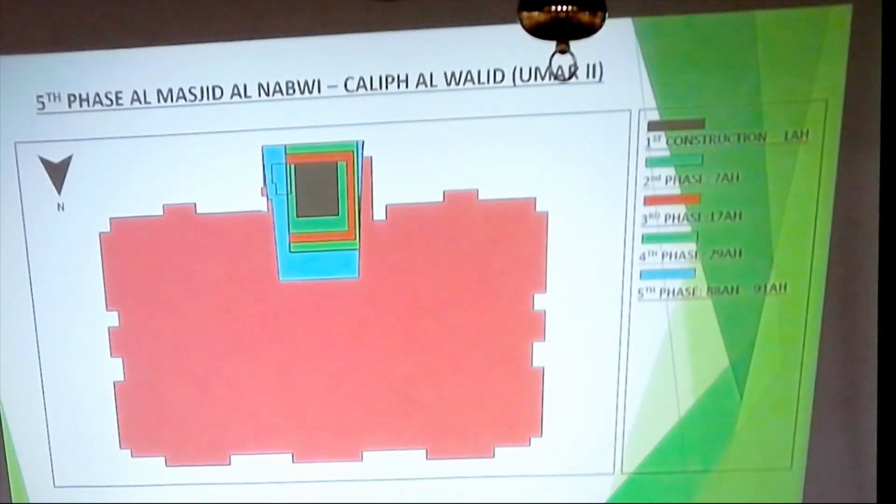As you can see from the extension now, the house of Aisha radiallahu ta'ala anha and all the houses on that left hand side of the Azwaj al-Mutahharat have now all been incorporated into the masjid. At that time, a lot of people pleaded to Walid, no, don't do this. Leave the houses of the Azwaj al-Mutahharat.